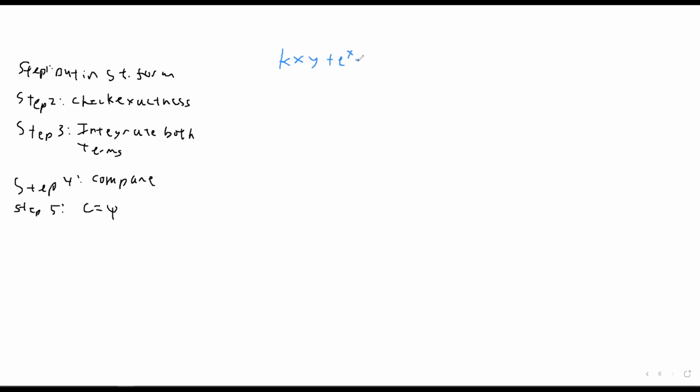Okay, so our problem here is kxy plus e to the x sine y, plus 2y plus x squared plus e to the x cosine y, dy/dx is equal to 0. This is not in standard form, so we have to do step 1.